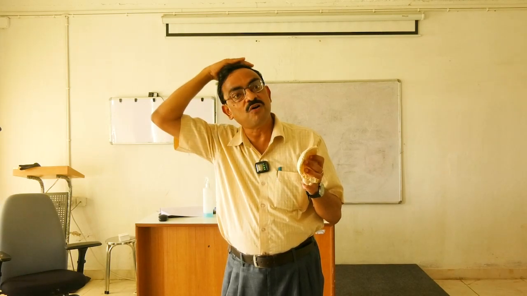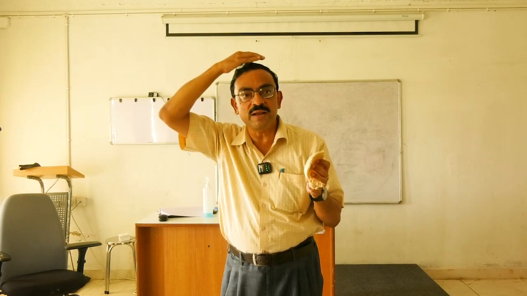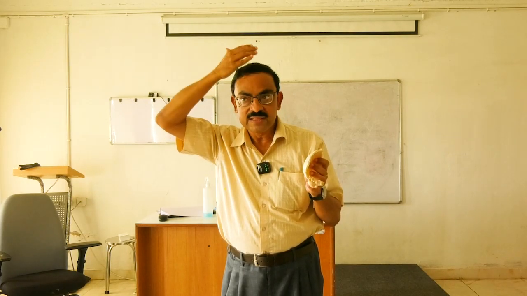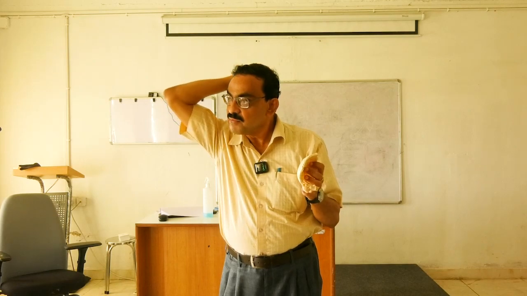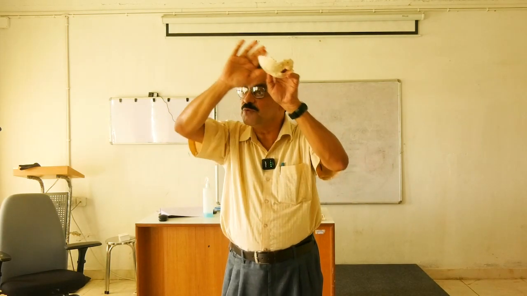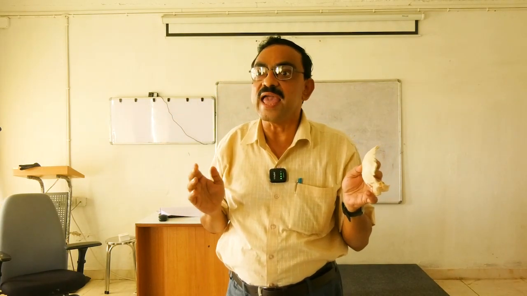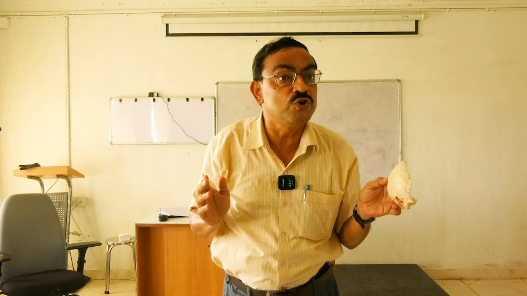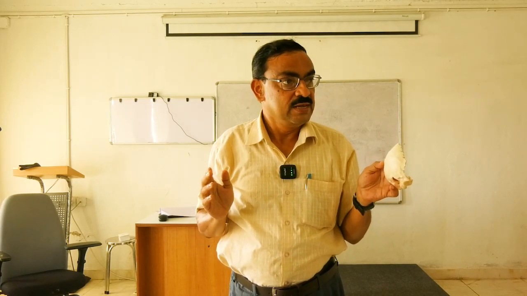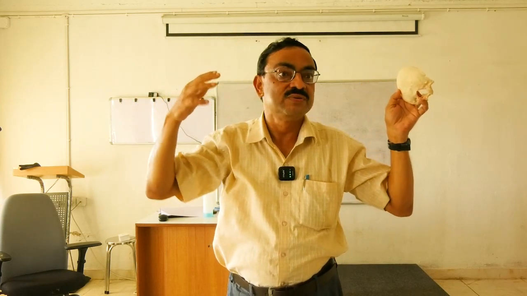There are two bellies, the frontal belly and behind it the occipital belly, and they are covered with a membrane-like structure called the epicranial aponeurosis. We see this during our study of the scalp.